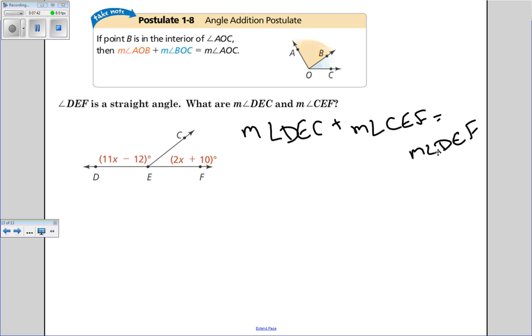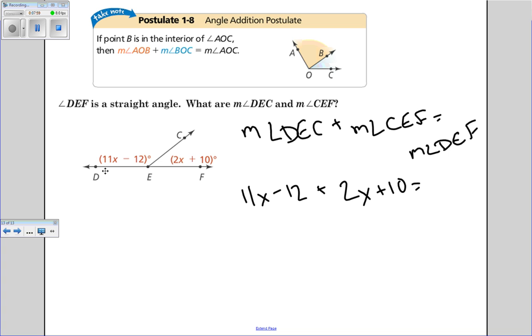Now we can substitute in the measure of angle DEC. That's 11x minus 12. Plus the measure of angle CEF. That's 2x plus 10. Equals the measure of angle DEF.